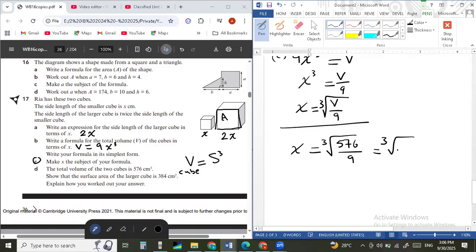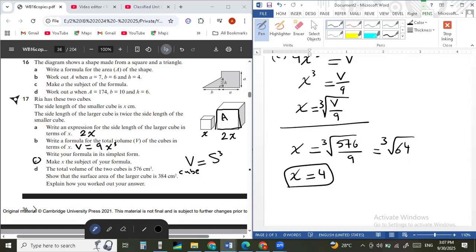Doing the division is going to give you exactly 64. So x is what? 4. I did 576 divided by 9 and found that it's 64. So the cube root of 64 is 4 exactly.